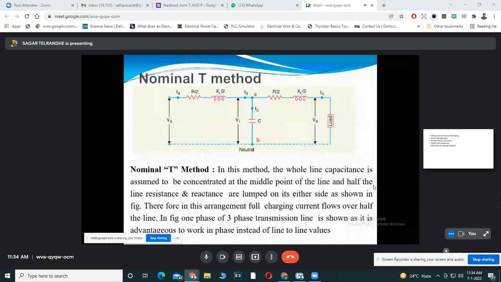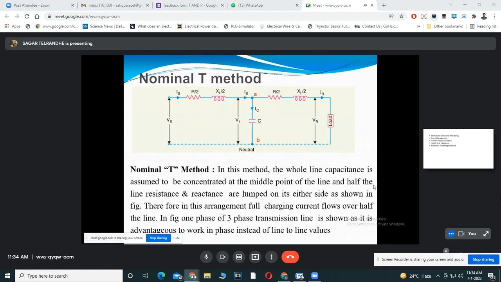Now, as we have seen in the introduction, we need to study the whole transmission line, and the whole transmission line can be assumed to be either an equivalent pi network or an equivalent T network.